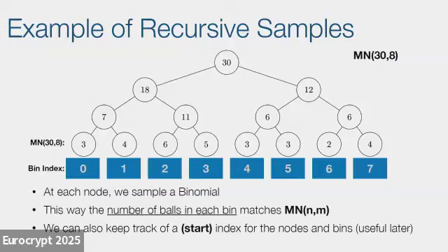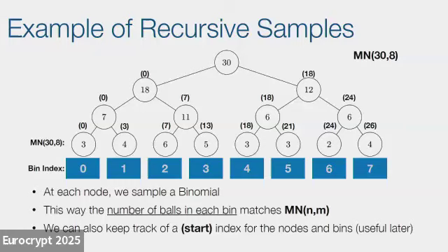I can also very easily keep track of a start index, just so we have a labeling. If I send 18 balls to the left, let's say I send balls 0 through 17 to the left, so I just keep track of a start index and the number of balls, and that's enough information to know all of the labels of the balls that went that direction. I can do this at every level and keep track of how I've sampled this multinomial.